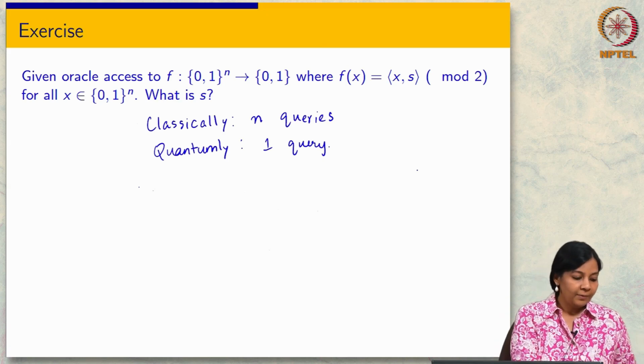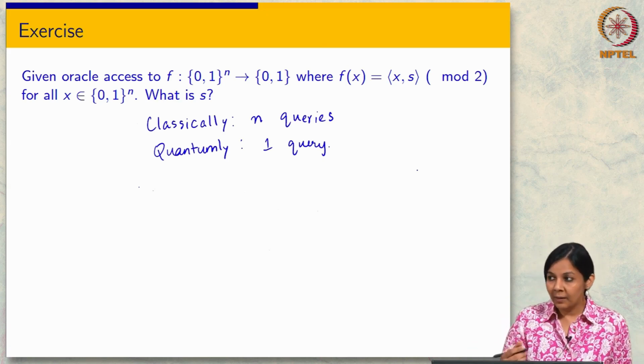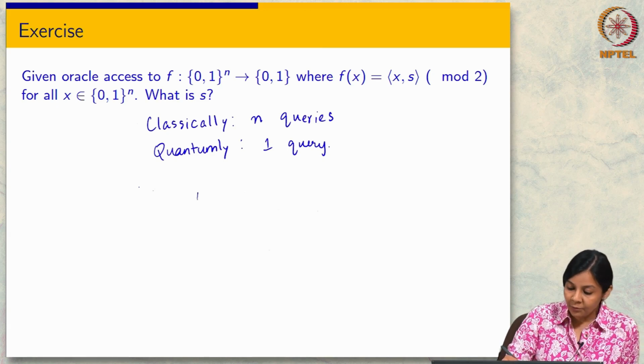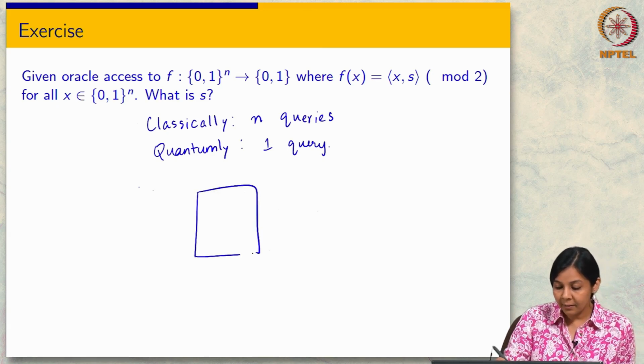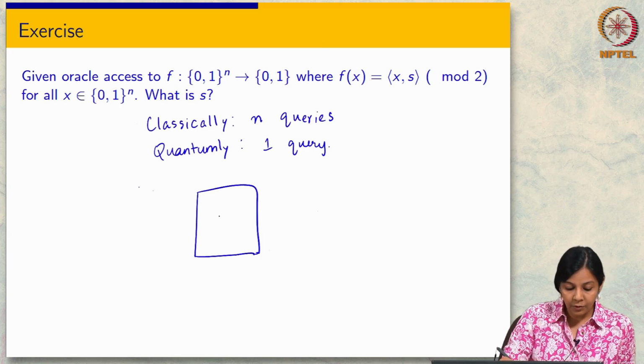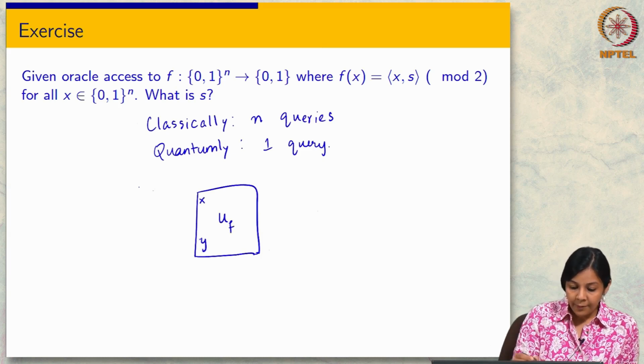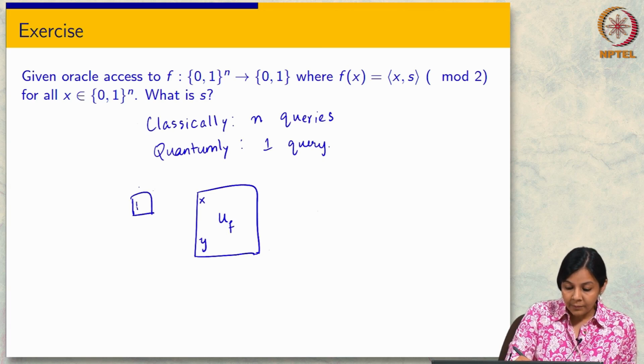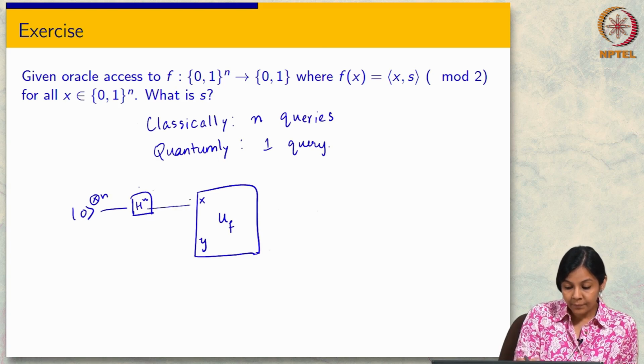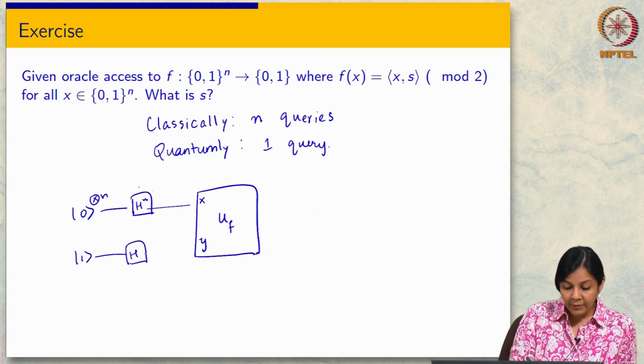So first let me recap the algorithm. Okay, so as usual we have our oracle function here, U_f, C_f, whatever you want to call it. Okay, so remember what we were doing. This was our algorithm, right?